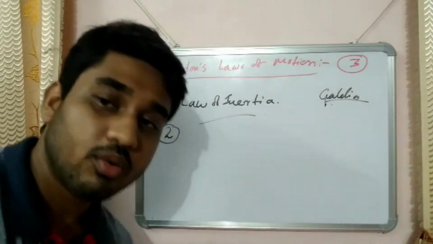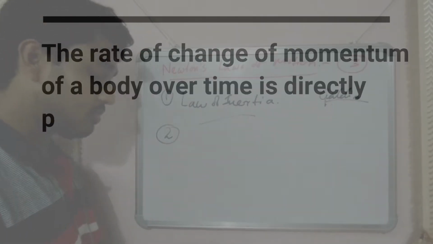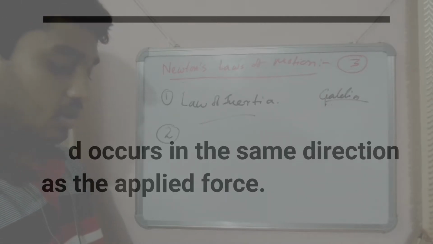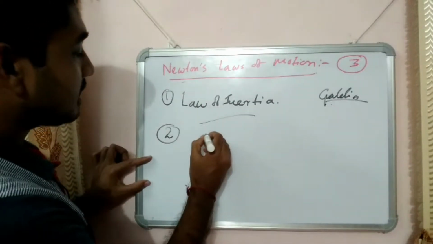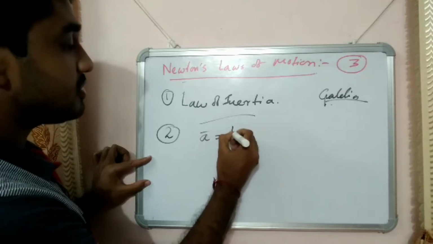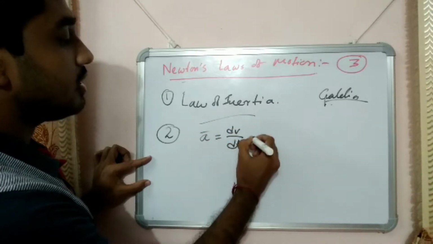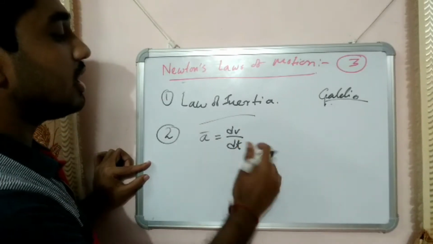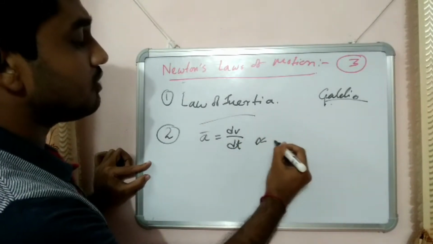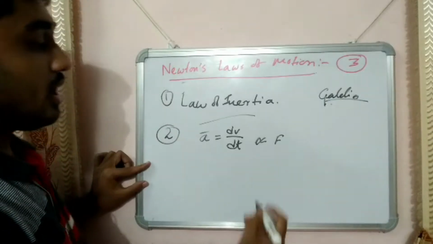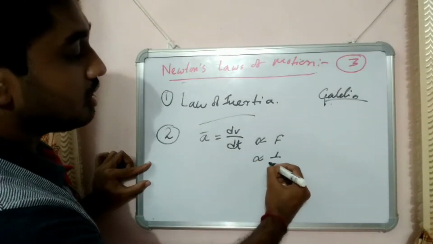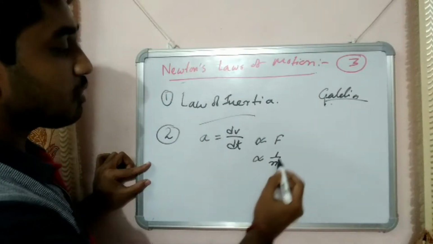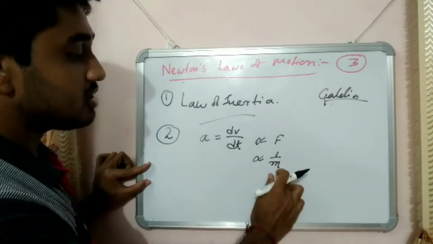So this was our first law, and our second law is the law of force, which states that the acceleration of a body will depend on 2 things. Acceleration, you know, is the rate of change of velocity. It is linearly proportional to the force acting on the body, and inversely proportional to the mass of the body.